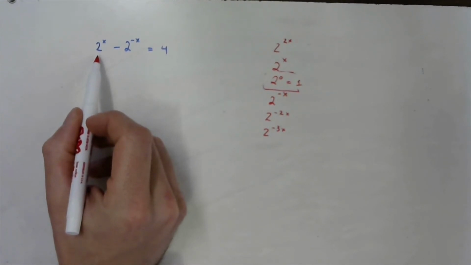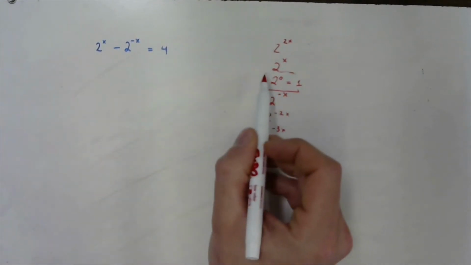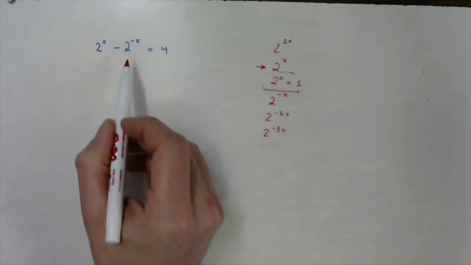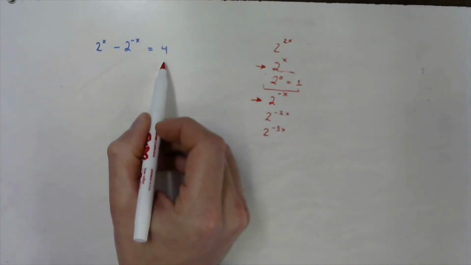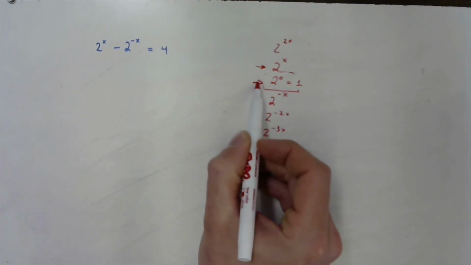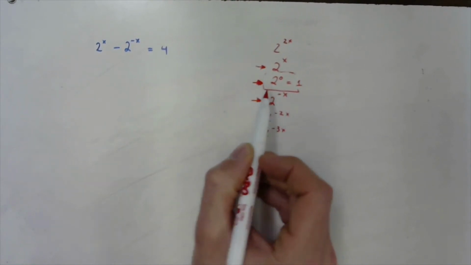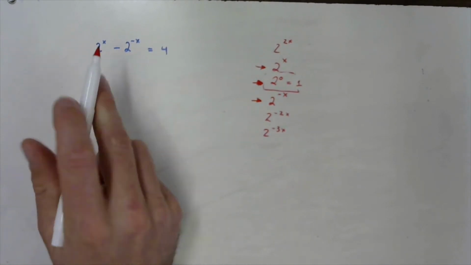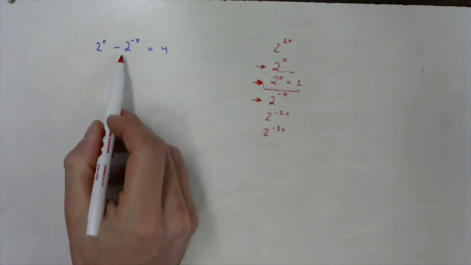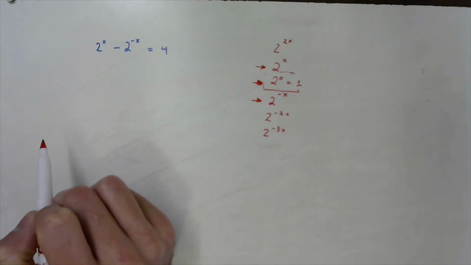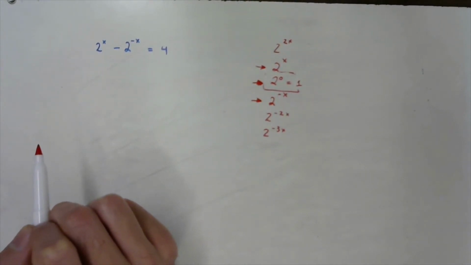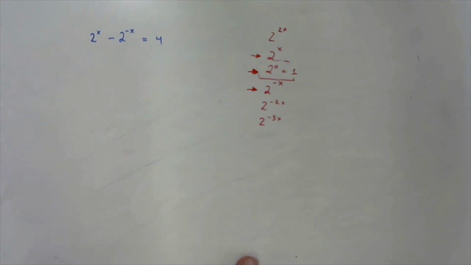So think with me for a second. We have a term that is 2 to the power of x. We have a term that is 2 to the power of negative x. And we actually have a term that is 2 to the power of 0. We have 3 terms that are descending powers of 2. Does that strike you as anything familiar that you've learned about in the past? Possibly.